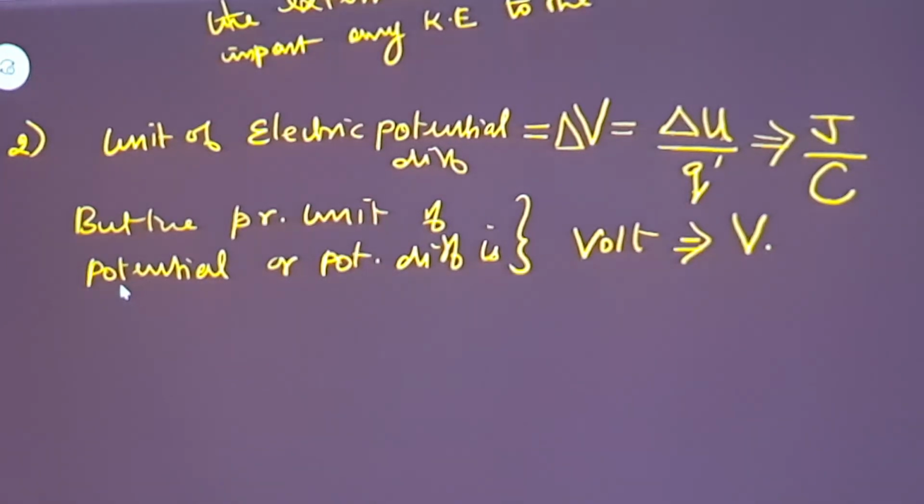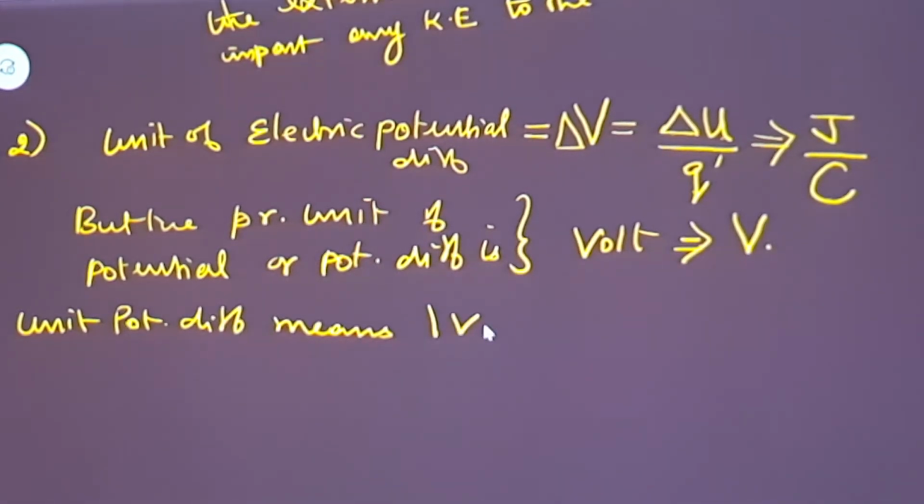We can also state the unit potential difference. This is not in your book, but it will be useful for your entrance examinations. What do you mean by unit potential difference? Unit potential difference means 1 volt of potential difference. Can you define this?